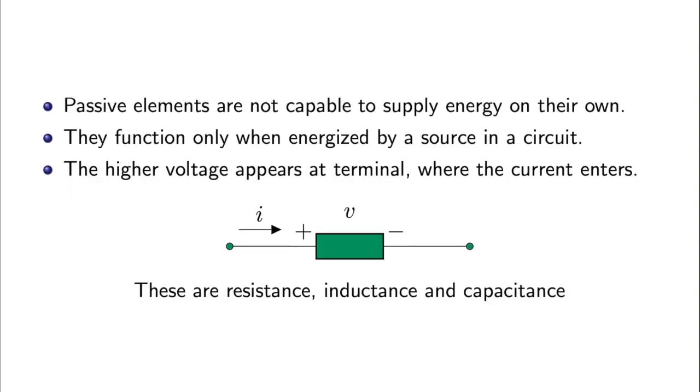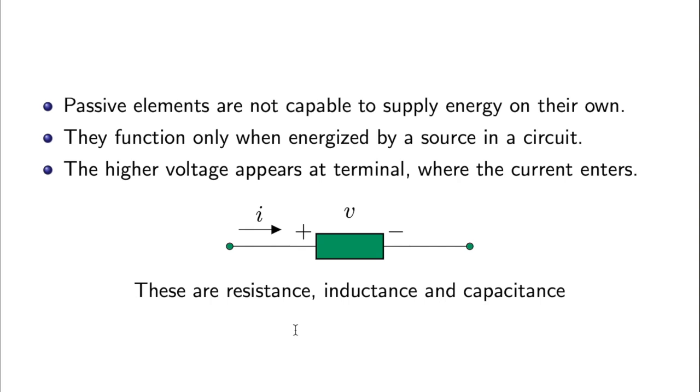Next we will be discussing the passive circuit elements. It is clear from the beginning that passive elements are not capable of supplying energy on their own. However, they have an important role to play in the circuit. Their functionality or effectiveness comes into existence when the circuit has an active source.